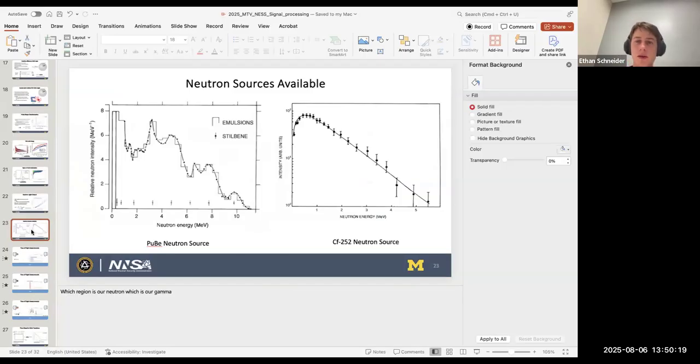For Californium, you have this plot here on the right, as opposed to, for instance, an AmBe source, which will have these various peaks associated with that spectrum itself. So you'll see a bit of a difference there. You could tell based upon their shape itself.